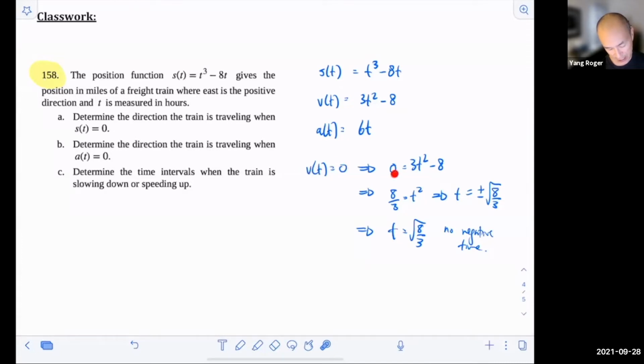So I set the velocity equal to 0 because I really want to create a couple of graphs. I wanted to create one graph of the velocity, and I wanted to create another graph of the acceleration.